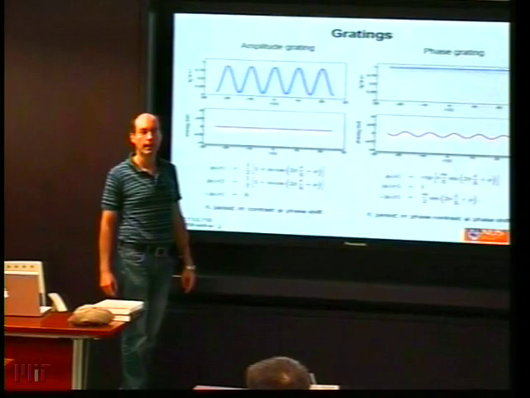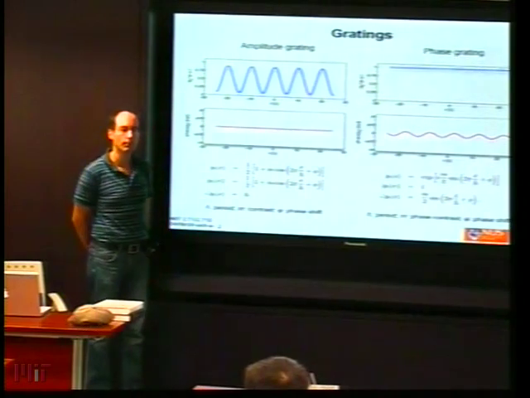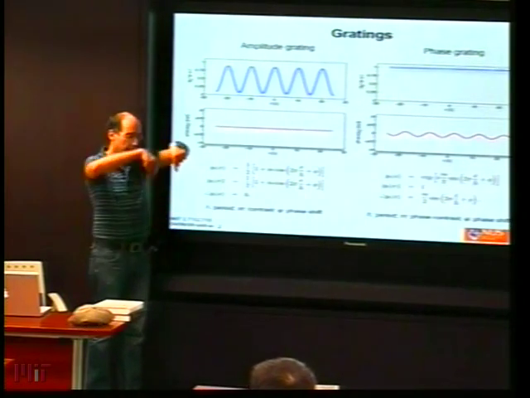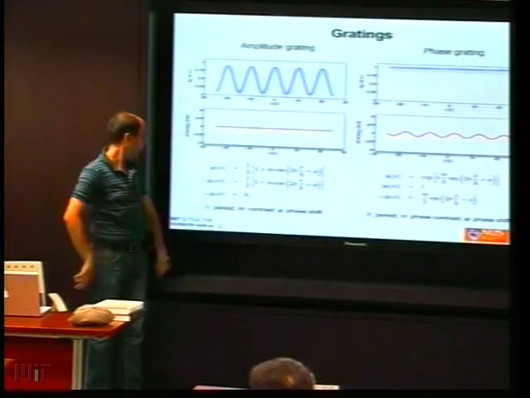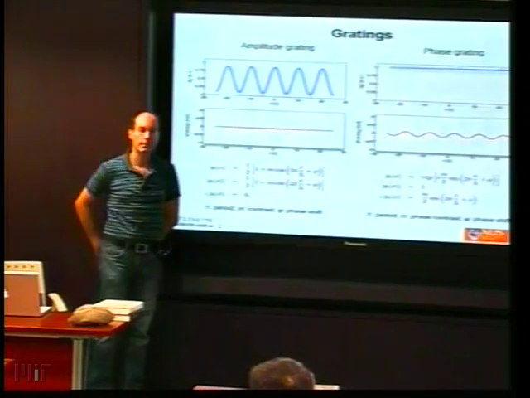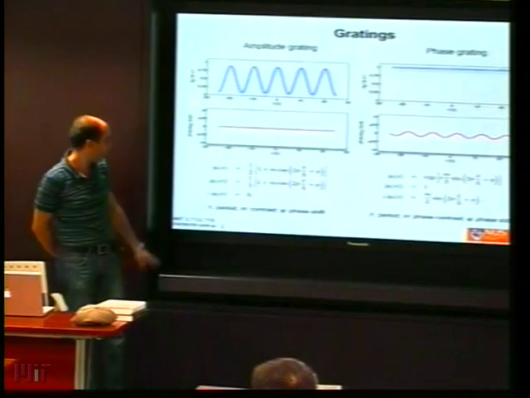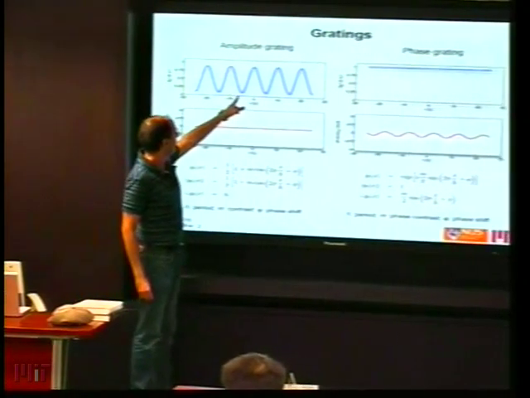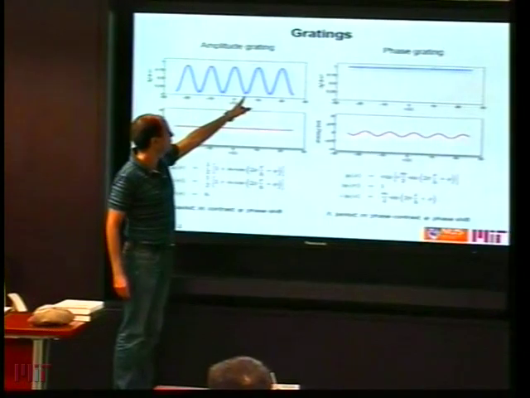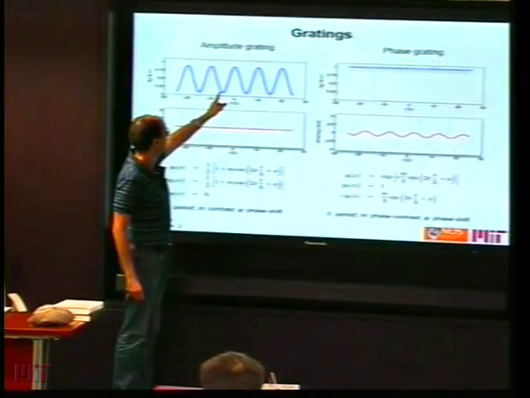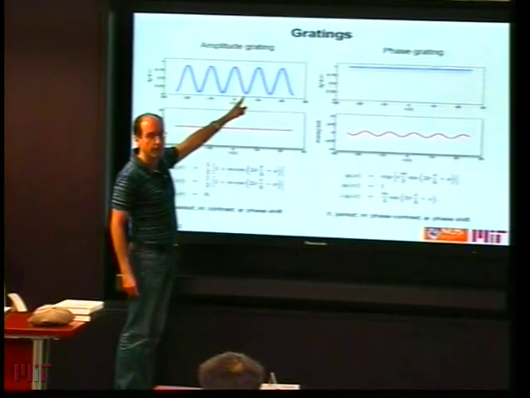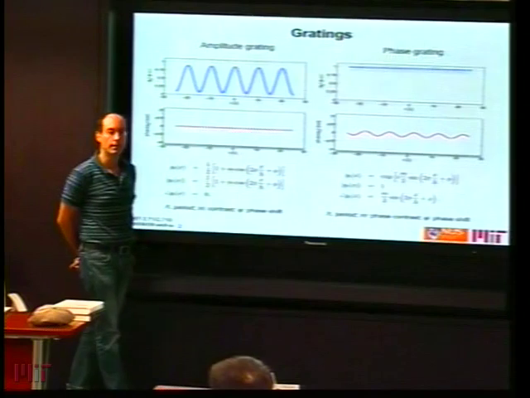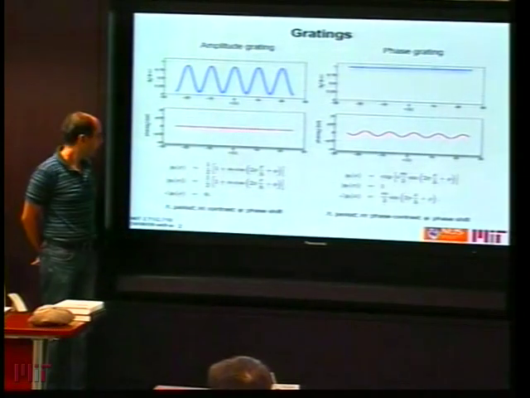The quantity to mention here is the period of the grating. We use the uppercase Greek symbol lambda. It looks like a hat, I guess. That symbol is called lambda. So this is the period of the grating. You can see the grating fulfills one undulation between approximately -5 units and +5 units. Therefore, the period here is 10 units.